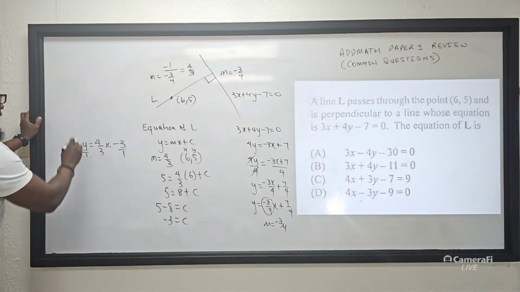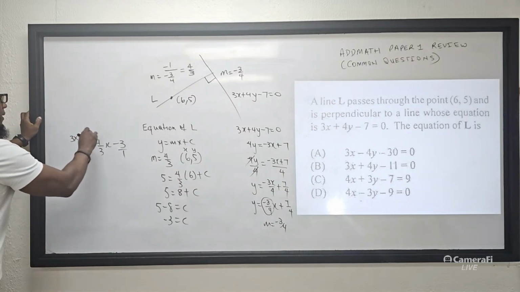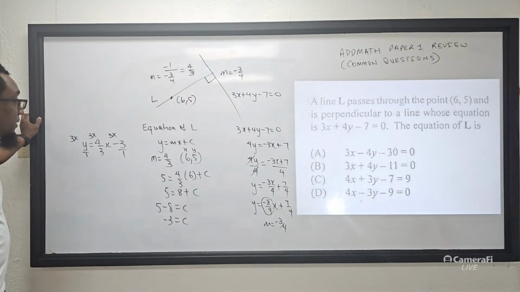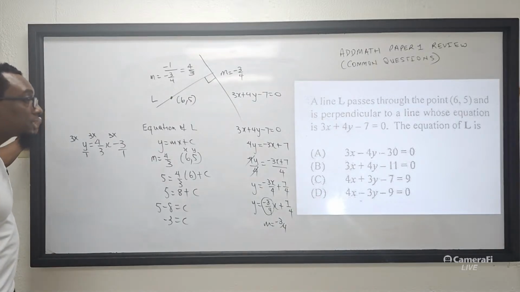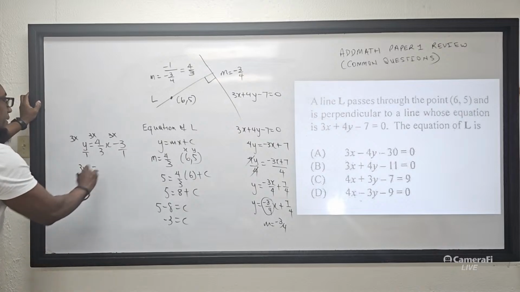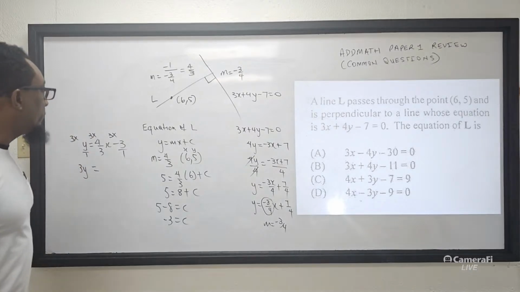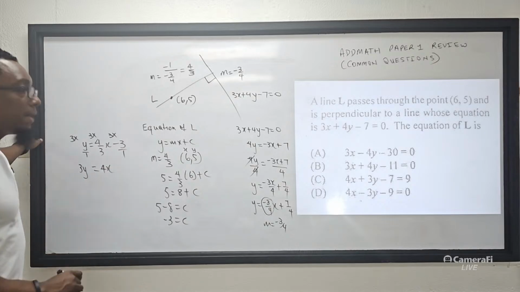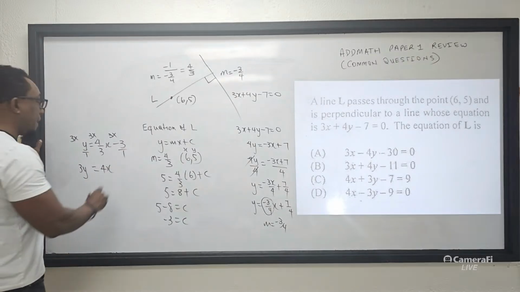So I'm multiplying 3 by y, 3 by 4 over 3x, and 3 by negative 3. This helps me to remove the equation from its fraction. So 3 by y gives me 3y. 3 by 4 over 3x gives me 4x. And 3 by negative 3 is negative 9.